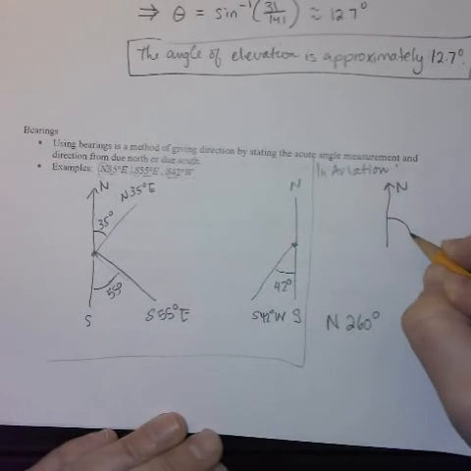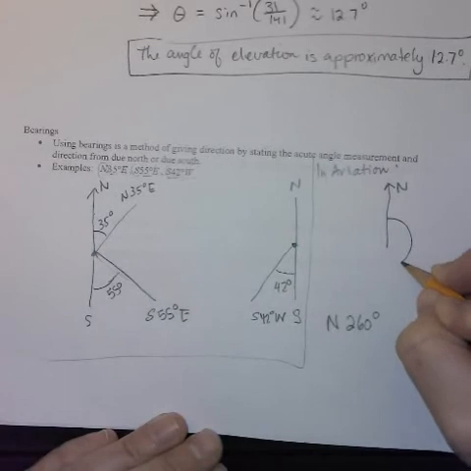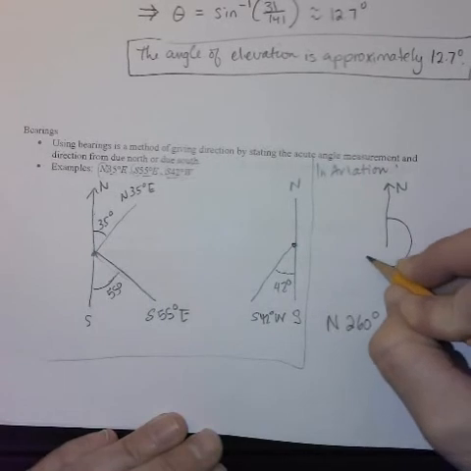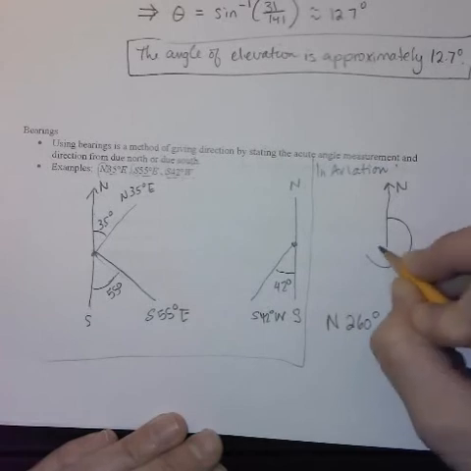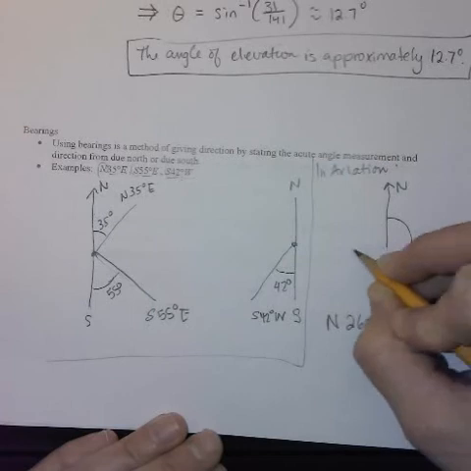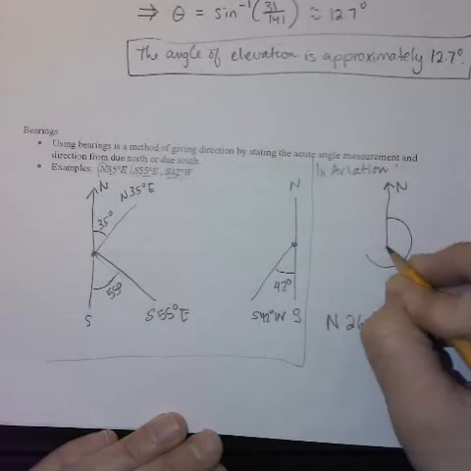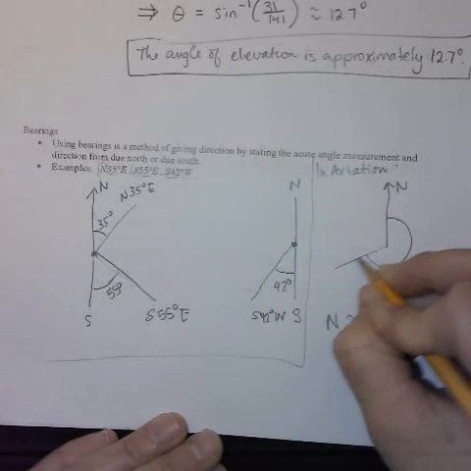It's kind of awkward because we're used to starting from here and going the other direction, but this would be a little bit short of 270.